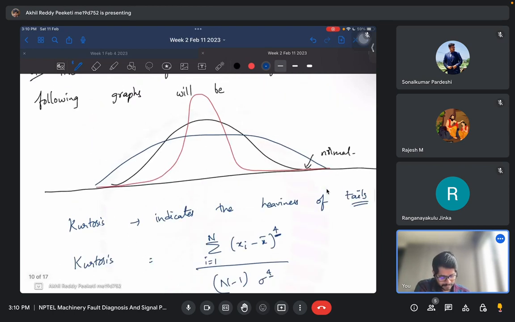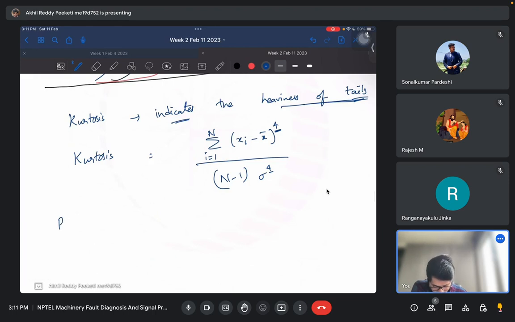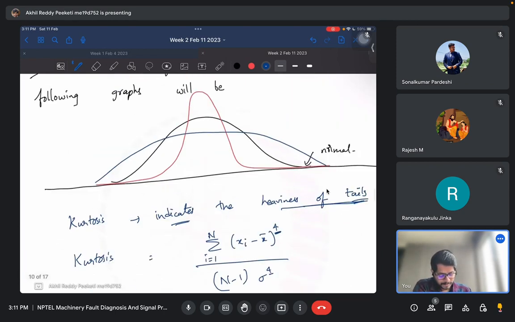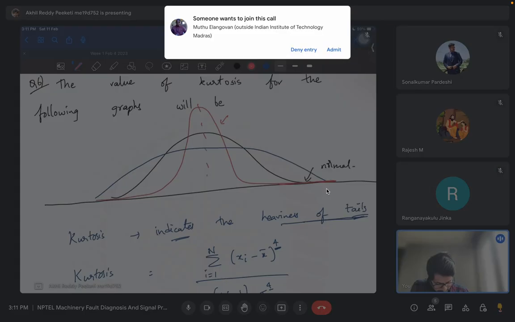Okay. And it indicates how heavy the tails are, and if it's a perfect normal distribution, the kurtosis value would be 3. And if you see the red graph, you can see that there are extreme values. So let's say this is 0.